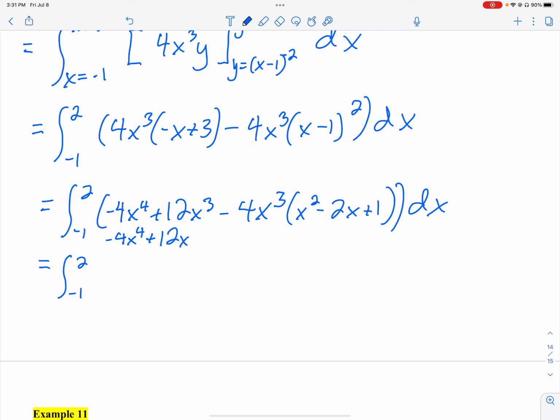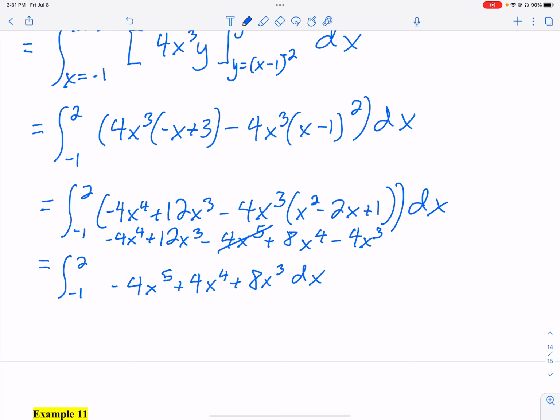Plus 12x cubed minus 4x to the fifth plus 8x to the fourth minus 4x to the third. Right, maybe it was right. Okay, so I have a negative 4x to the fifth. That's that. Okay, and then the fourth, I got plus 4x to the fourth plus 8x to the third. Yeah, that was right. I was just wrong in my notes.